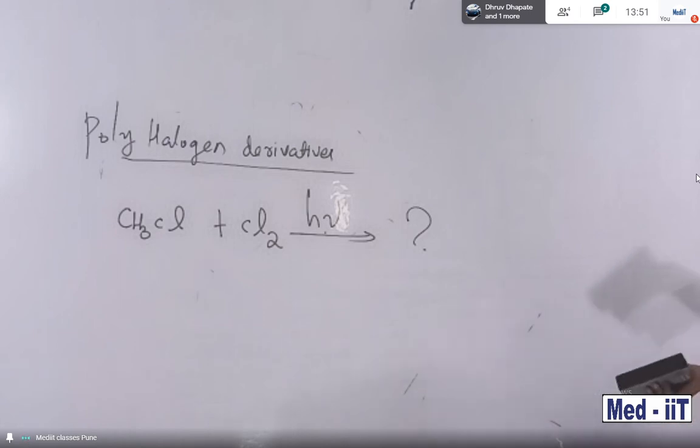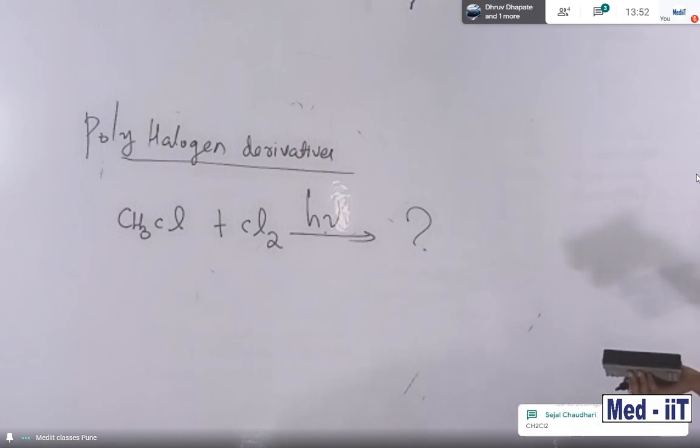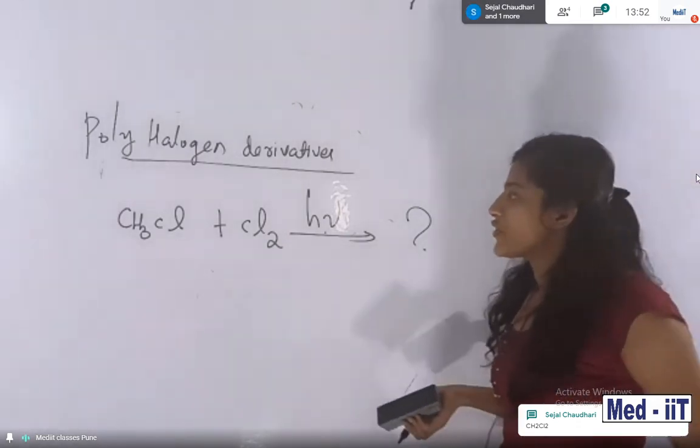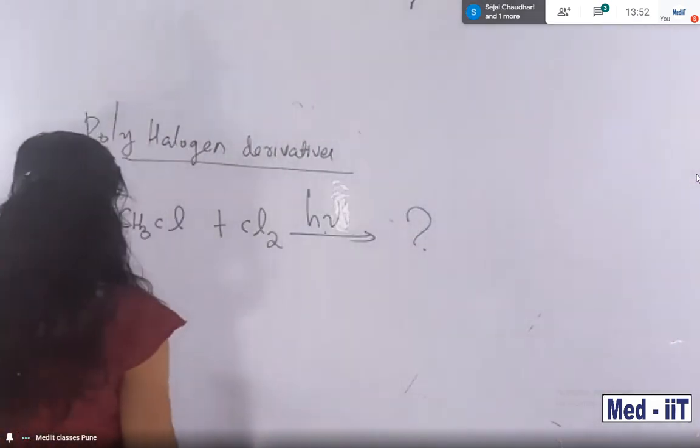Very simple. Here, in the alkyl halide, one halogen group becomes removed, so the remaining is CH3. Are you doing it or not, students? Tell me. CH2Cl2. Correct, right.